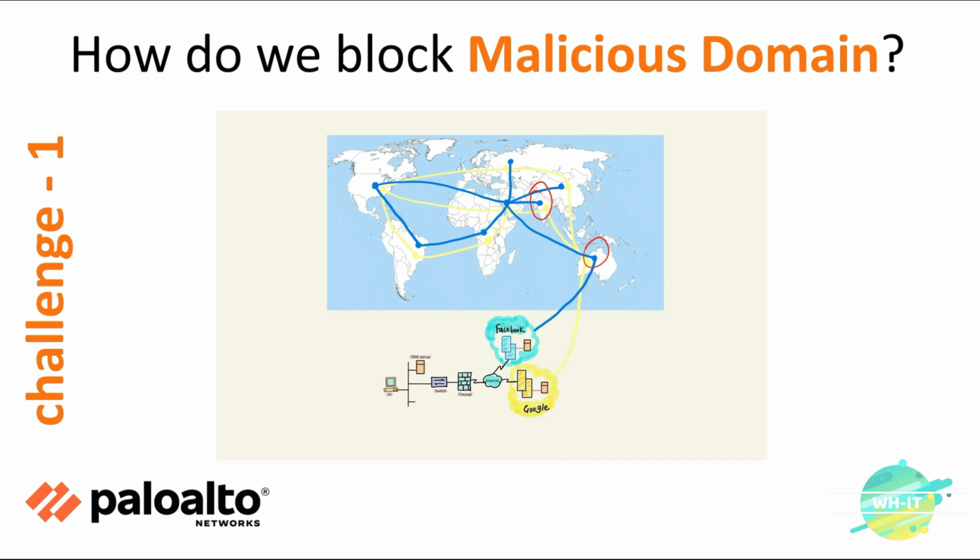Such issues are basically solved by advanced URL filtering, because once you enable it, it is going to understand with the help of, as we discussed, the Palo Alto database. With the help of the database, they have such entries.